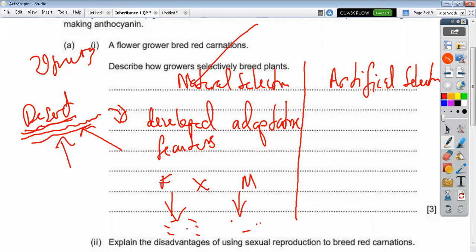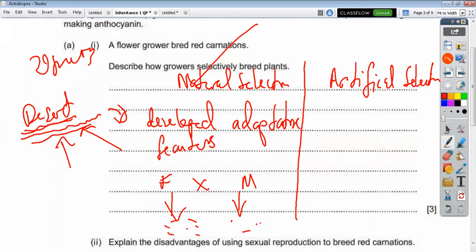Third point is that there is competition for resources among individuals within the population.